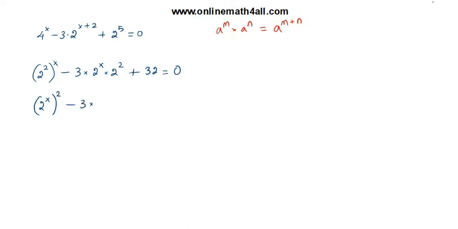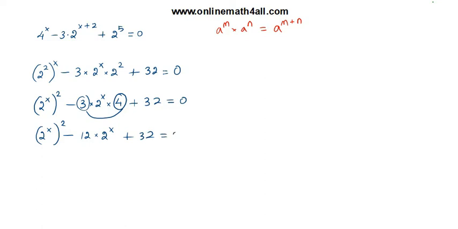Negative 3 times 2 to the power of x times 2 to the power of 2, which is 4, positive 32 is equal to 0. Okay, so 2 to the power of x whole squared minus, so this one and this one are just numbers, so we can multiply them, then you will be getting 12 times 2 to the power of x positive 32 is equal to 0.